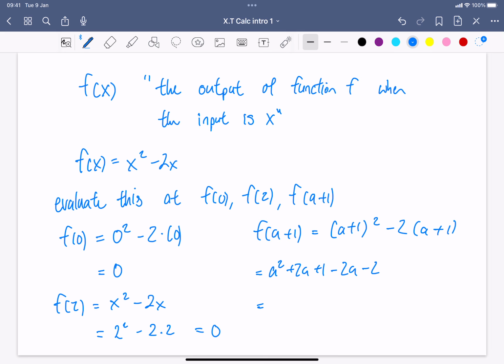Again, we can combine the like terms, so we have a squared, 2a minus 2a is 0, 1 minus 2 is negative 1, so we're left with a squared minus 1. And that is showing how the input doesn't have to be just a number, it could be some expression as well.